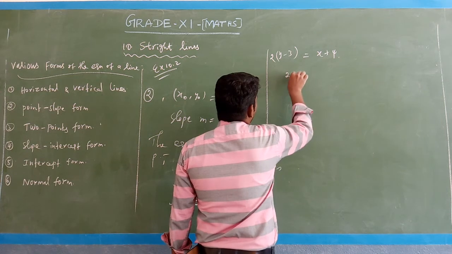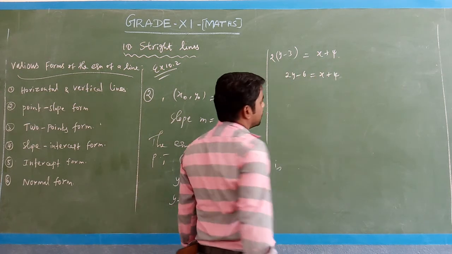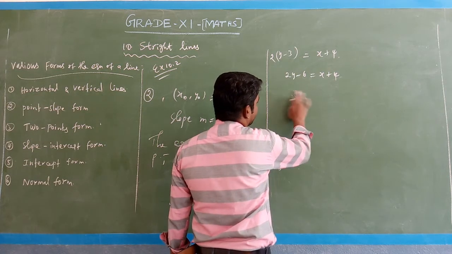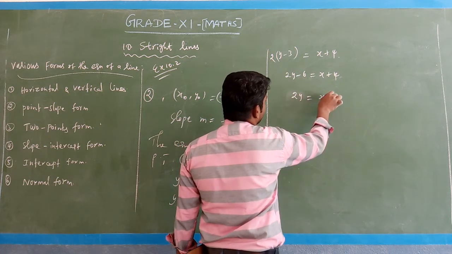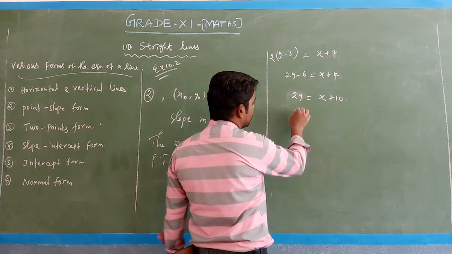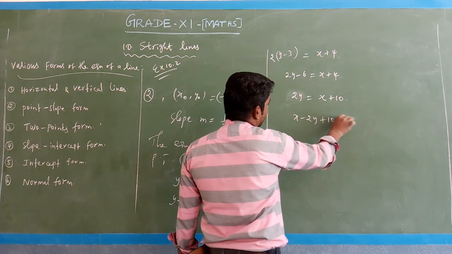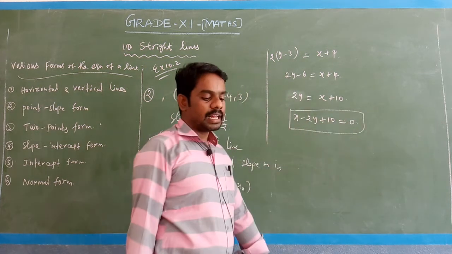So 2y minus 6 is equal to x plus 4. So 2y is equal to x plus 4 plus 6, which is x plus 10. So x minus 2y plus 10 is equal to 0. This is the equation of the line.